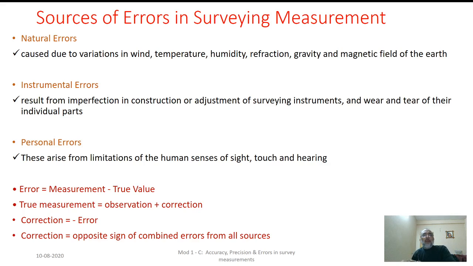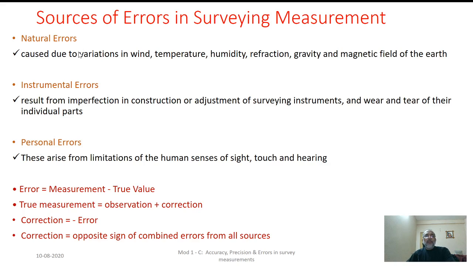There are various sources of error as far as surveying measurement is concerned. We can consider them to be arising out of natural sources, instrumental sources, as well as personal sources.